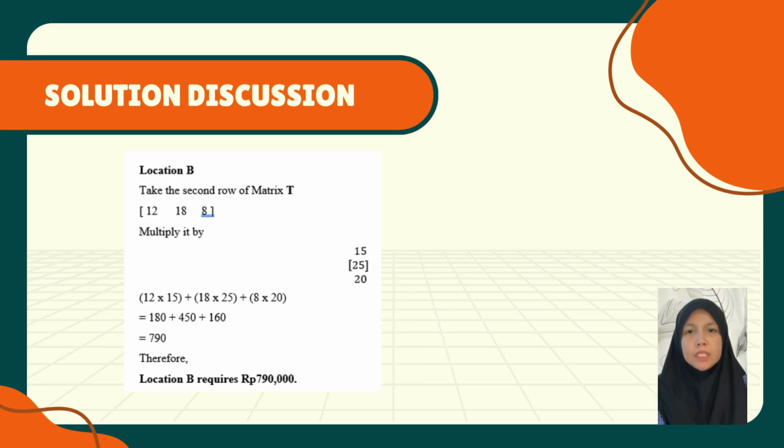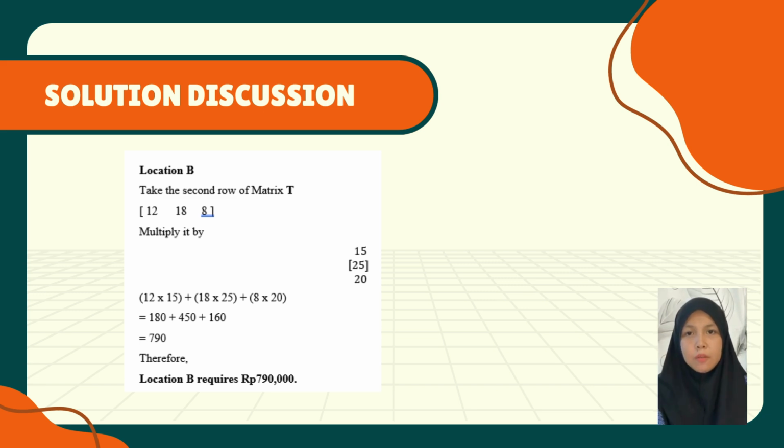Location B. Take the second row of matrix T, 12, 18, and 8. Multiply it by 15, 25, and 20.